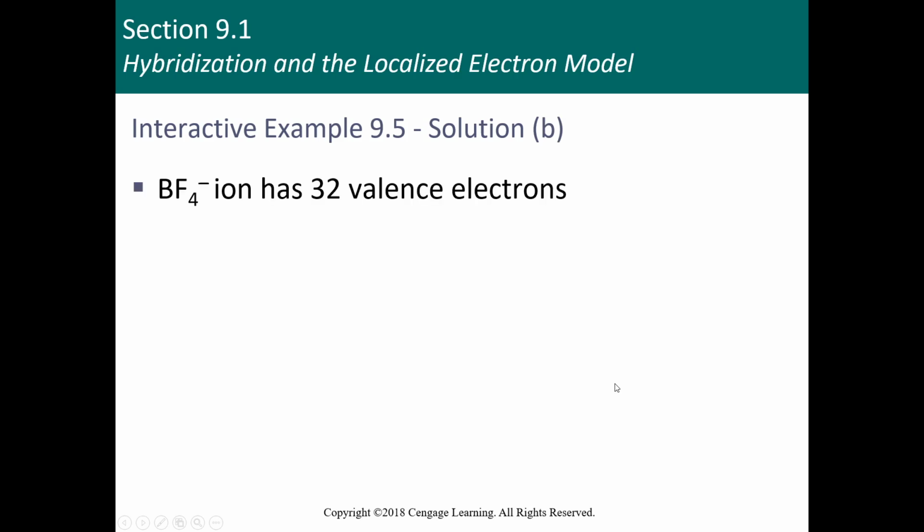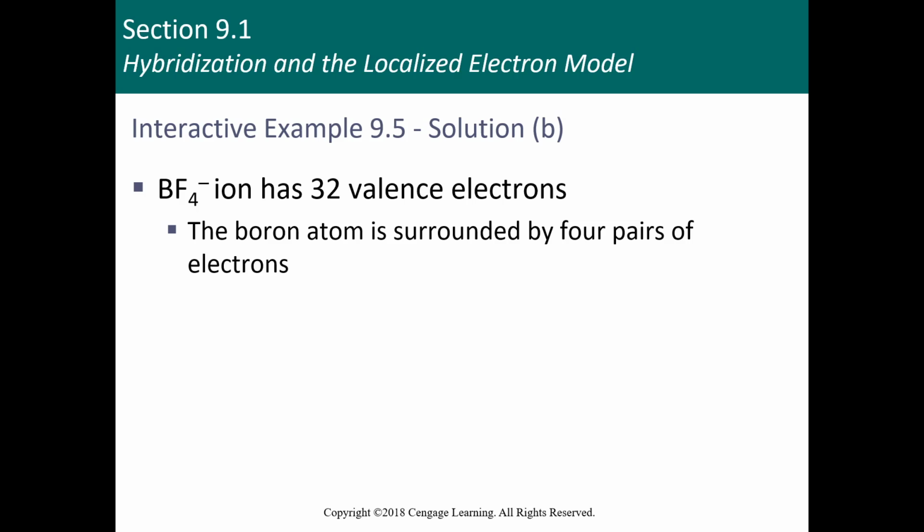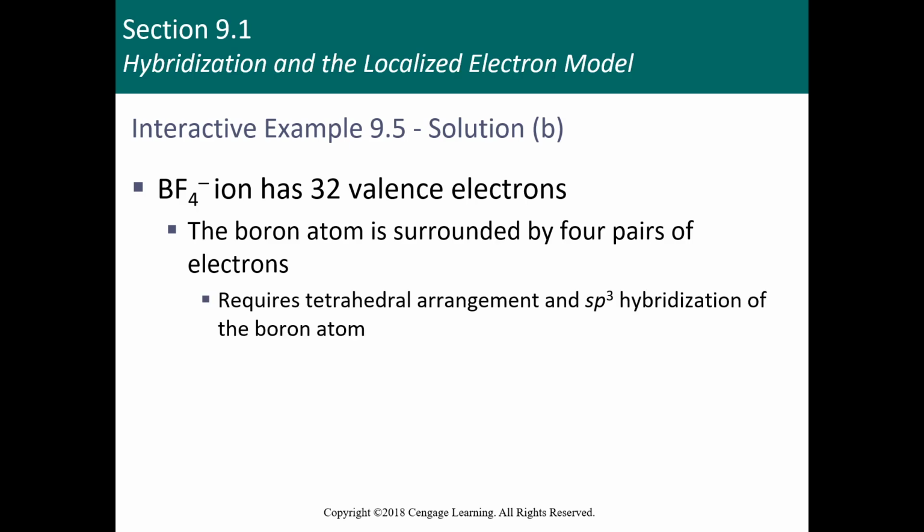All right, so BF4 negative ion. This is going to have 32 valence electrons. The boron atom has to be surrounded by 4 pairs of electrons here. And so those would be your 4 groups. Now, if it has 4 groups around it, that means it has to be an sp3 hybridized orbitals or hybridization on the boron atom.